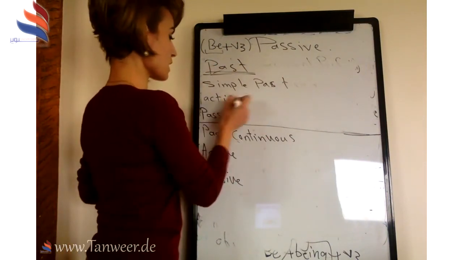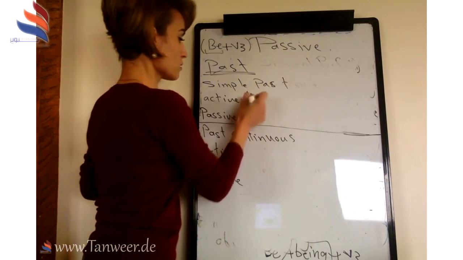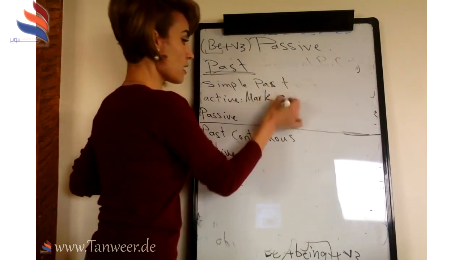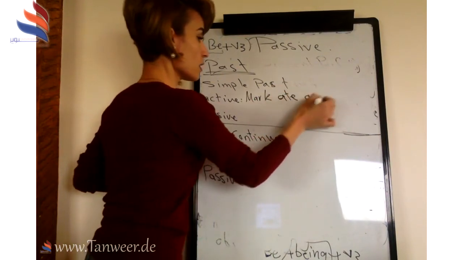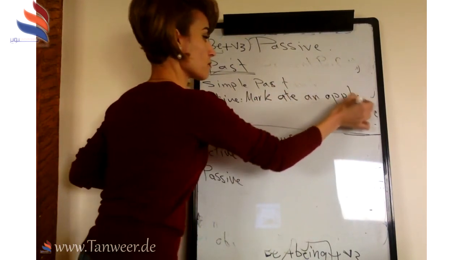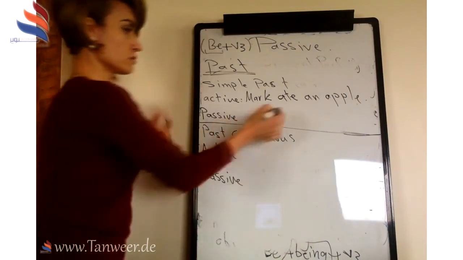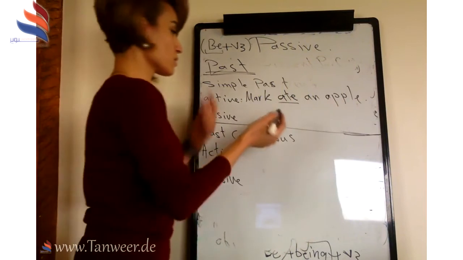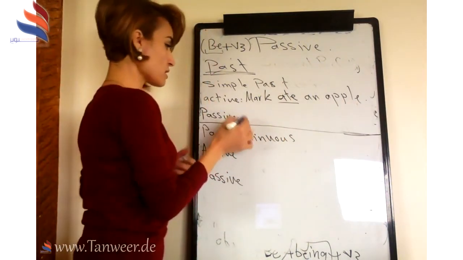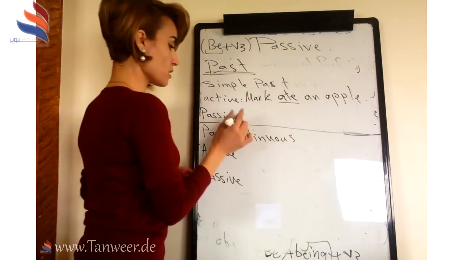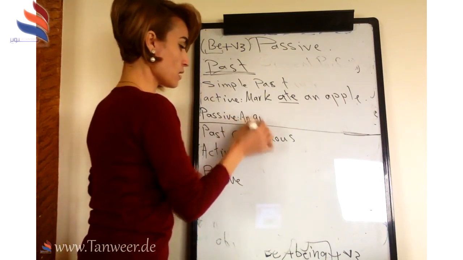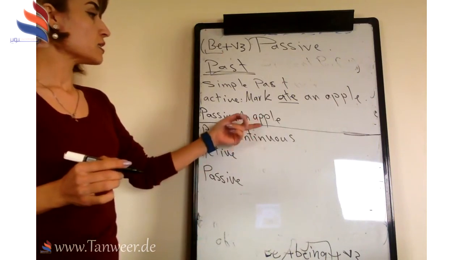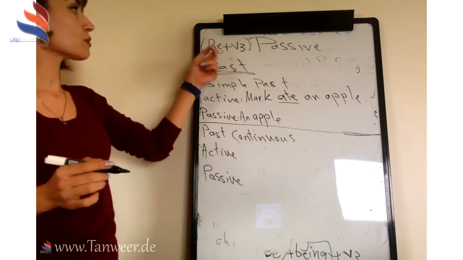Past simple, active sentence. Mark ate an apple. Verb, or the second form of the verb, we call it verb 2 sometimes. Passive, object to the beginning. An apple. I need verb to be.